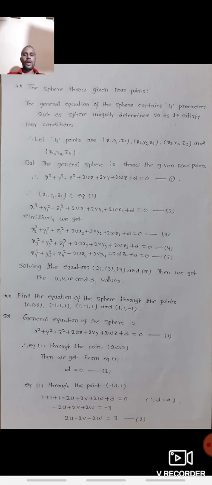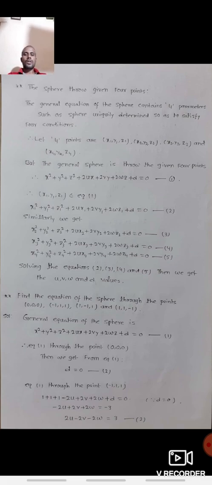Similarly, the general equation of the sphere also passes through the remaining 3 points. We get x2² + y2² + z2² + 2ux2 + 2vy2 + 2wz2 + d = 0, and similarly for the others; let us consider them as equations 3, 4 and 5.